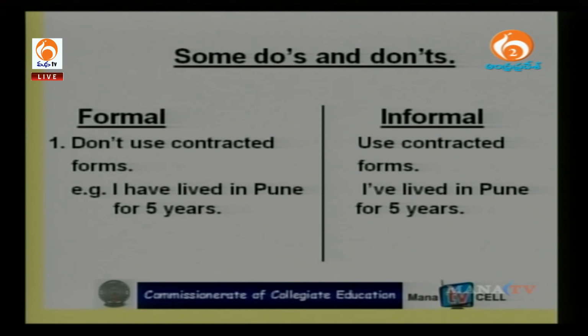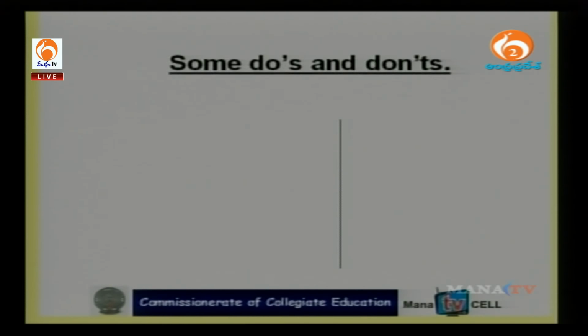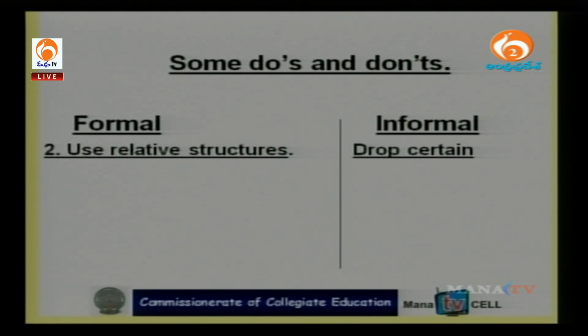As you see here, "I have lived in Pune for 5 years" is formal language, whereas in the other way, "I've lived in Pune for 5 years" is informal. Here you will find the contraction: "I have" is contracted as "I've". Okay. Now, look at another tip which we have to follow.